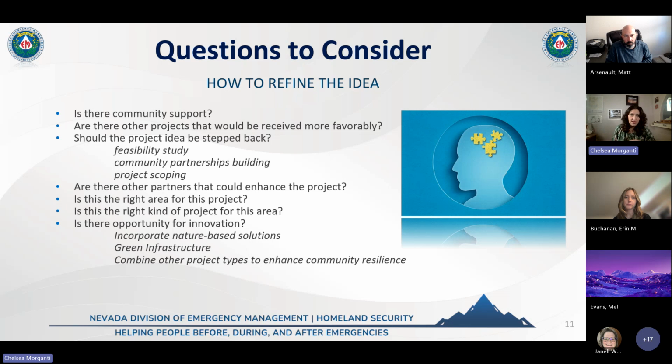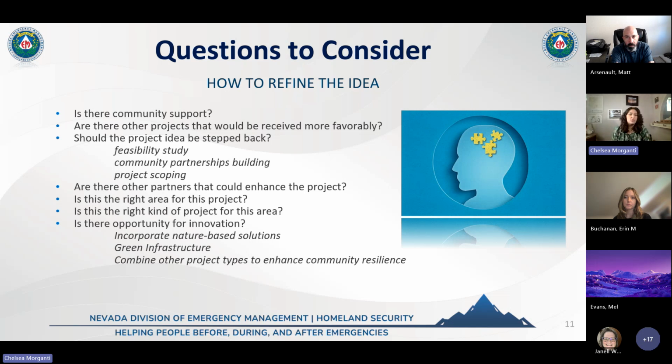Questions to consider. When you're thinking about what your communities might need, are there community participants, just regular everyday Joes, who have voiced a need? Is there a specific residential area that has been raising an issue?